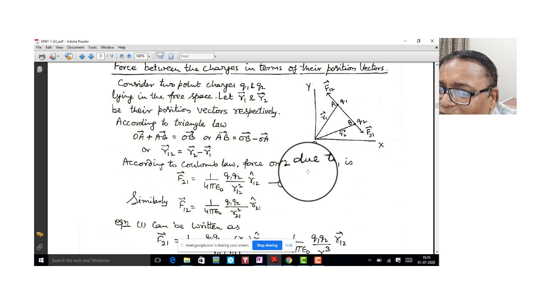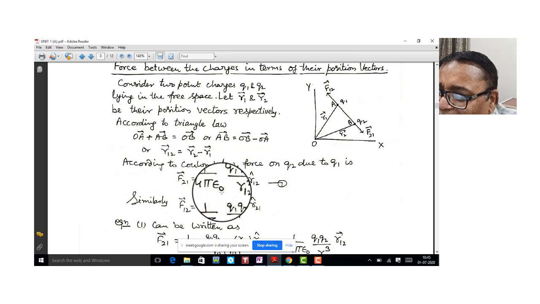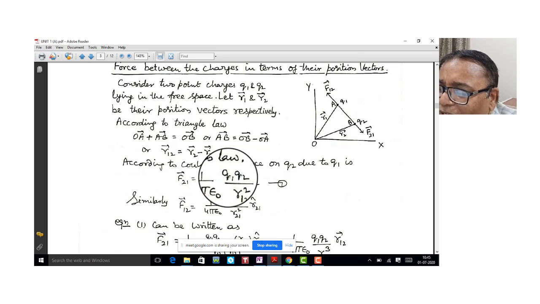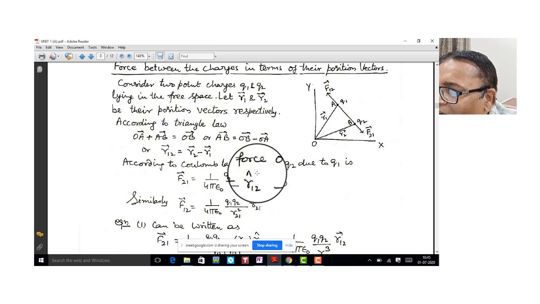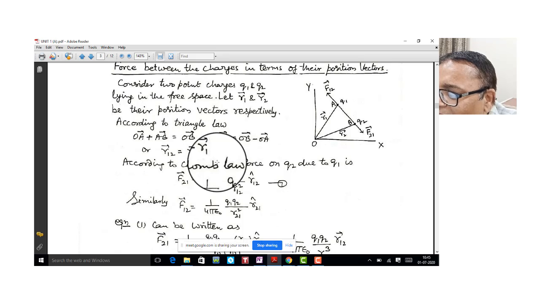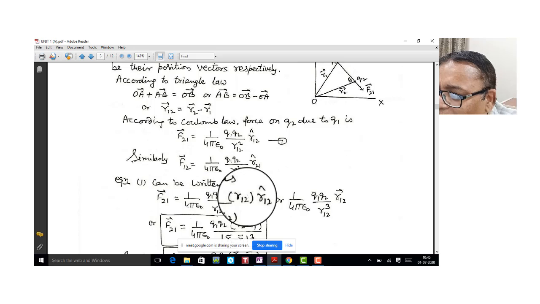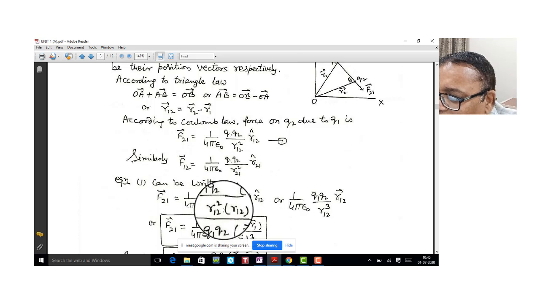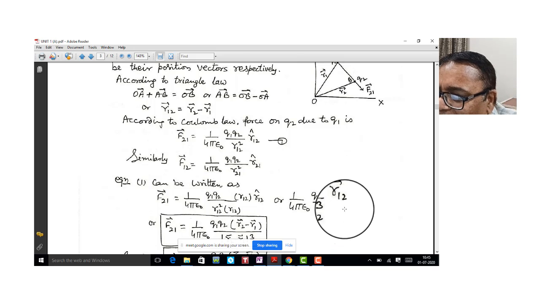According to Coulomb law, F21 is equal to 1 upon 4 pi epsilon 0 Q1 Q2 upon R12 square times R12 unit vector. Taking the value of R12 from this equation and multiplying the vector R12 and R12 here, we get R12 cube and this vector R12.